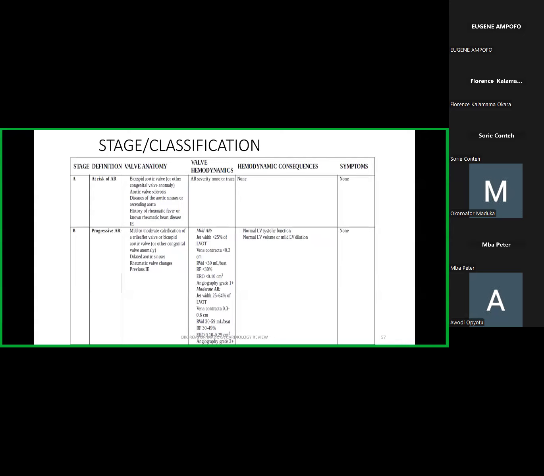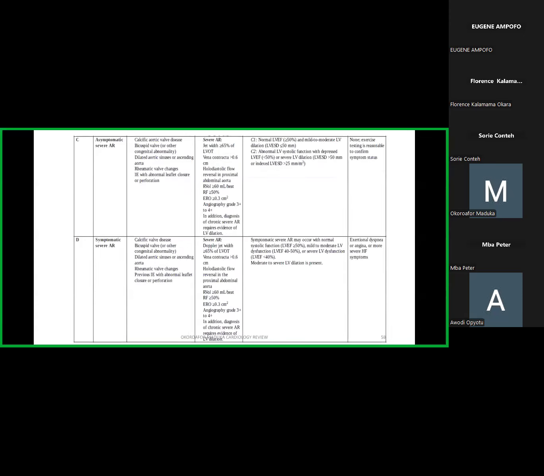They will have values suggestive of mild to moderate aortic regurgitation. When you look at the effective regurgitant orifice, the regurgitant fraction, and regurgitant volume, the values will be within that range for mild to moderate. The patient will have normal left ventricular systolic function and will also have no symptoms.